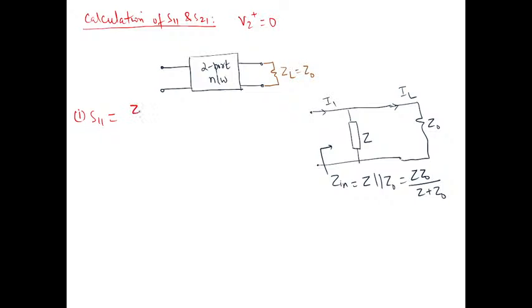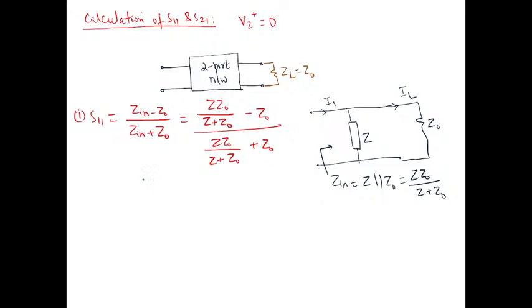S11 is simply equal to Zin minus Z0 upon Zin plus Z0. So this is equal to Z Z0 upon Z plus Z0 minus Z0, divided by Z Z0 upon Z plus Z0 plus Z0.